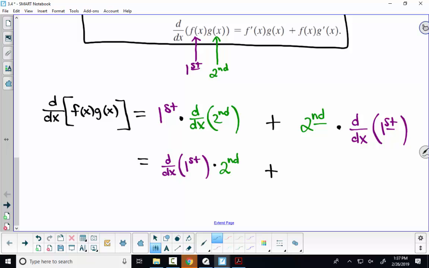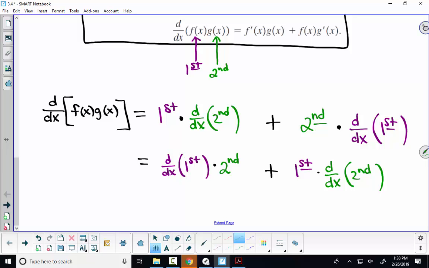What's important is the order in which these two factors are together, plus the first times the derivative of the second. So however you want to remember the product rule, that's typically how it's remembered.